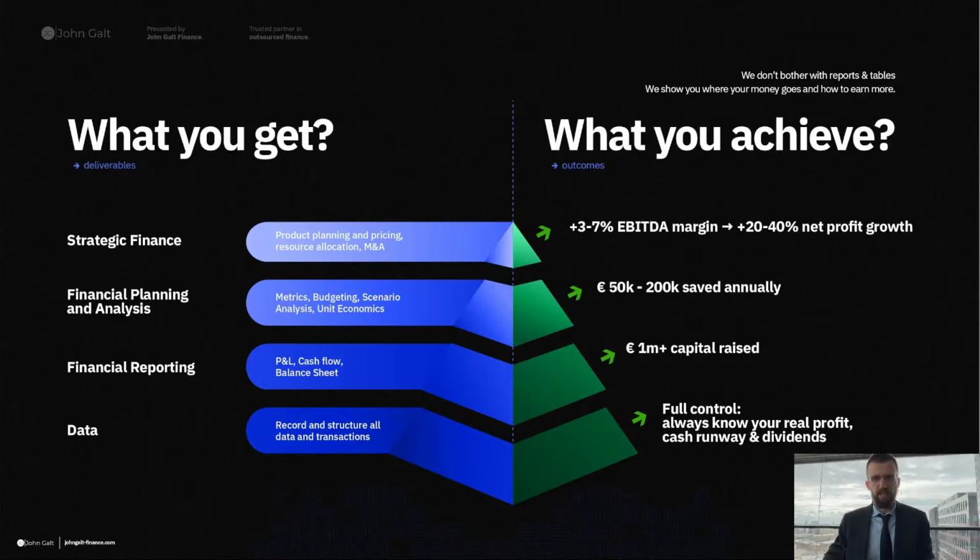And so these are the core services that we provide, starting from the base of the pyramid, which is data, then financial reporting, financial planning and analysis, and as the very last step is the strategic finance, and this is actually where we provide the most value in things such as increasing the EBITDA, increasing the net profits growth, etc. So all the stuff that each business owner needs to achieve, and specifically in today's topic, in an e-commerce business.